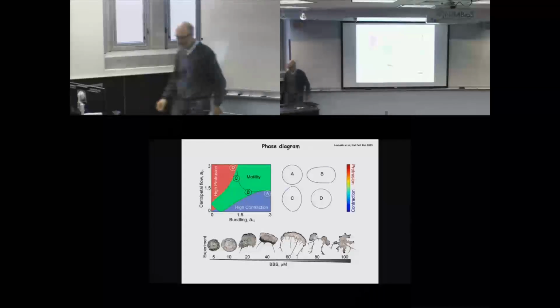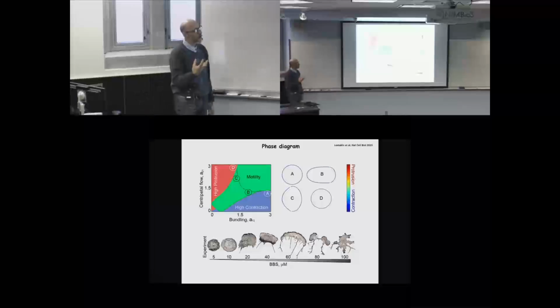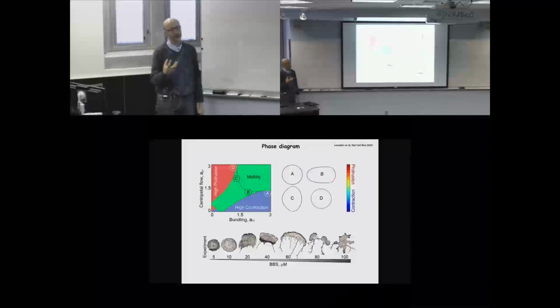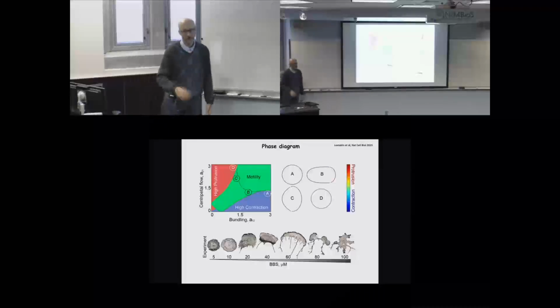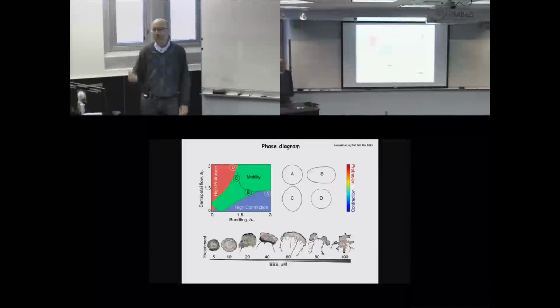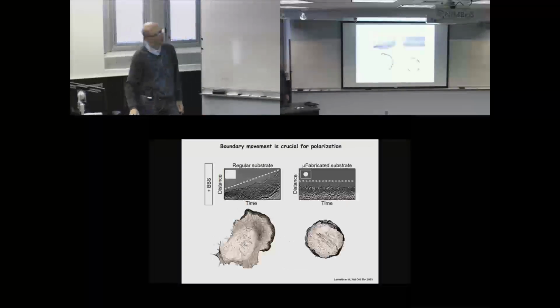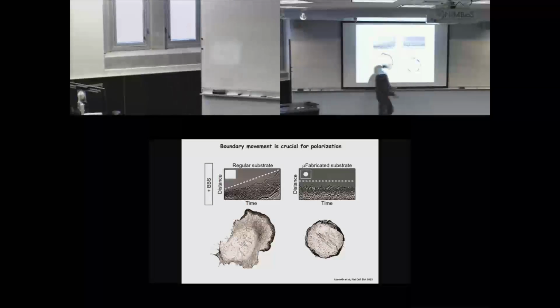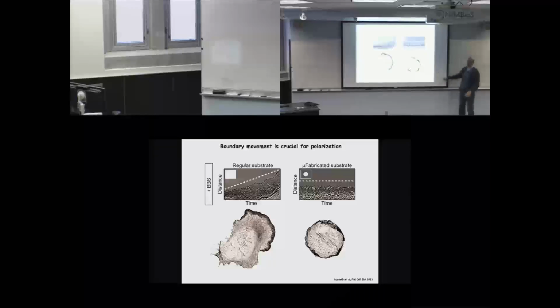Another very non-trivial prediction is this: in keratocytes, to polarize, you don't need the cell to move. First you create this mechanical polarization inside, and then the cell starts moving. Here, it turns out you need movement to polarize. So the prediction is that if you somehow immobilize the cell, there will not be cytoskeletal polarization inside. And indeed, that's the case. The experiment was to put the cell into a fabricated microwell of roughly the size of the cell.